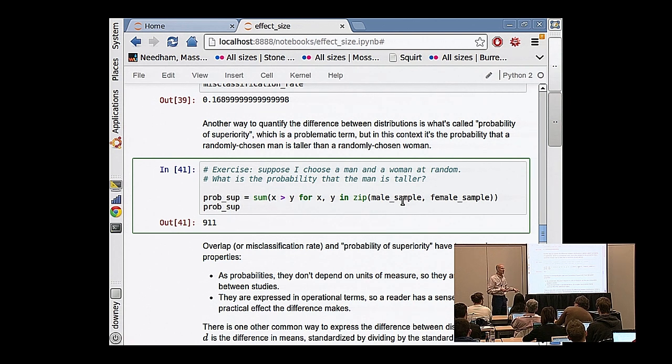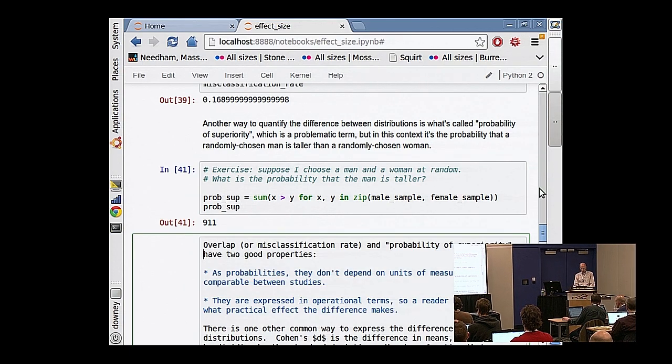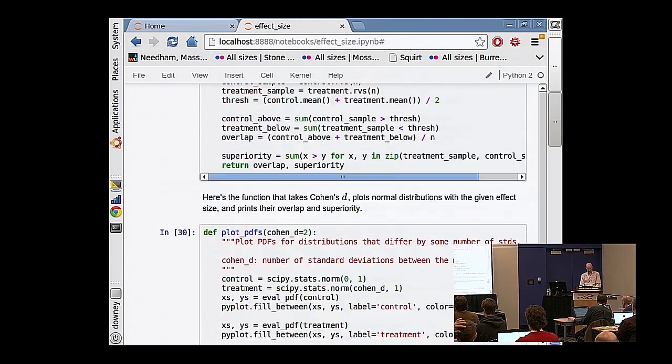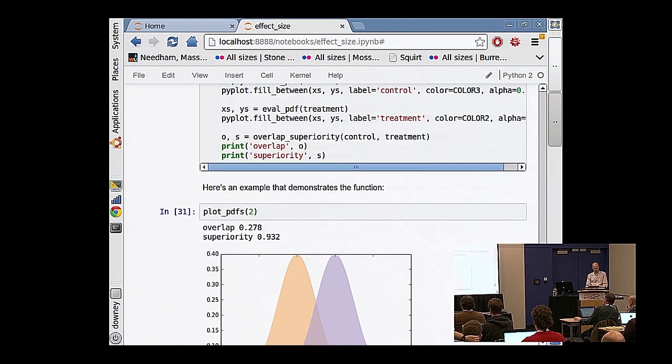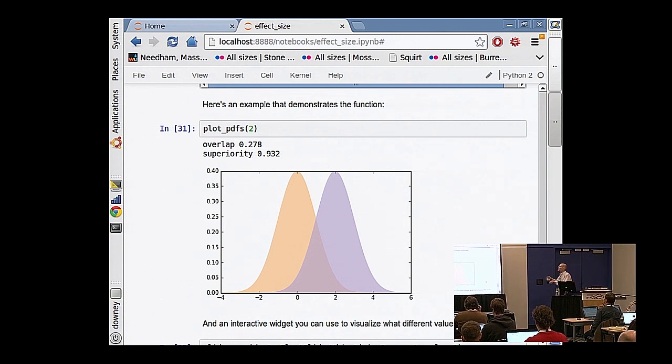I'll give you a couple minutes to read about that. And if you scroll down, you will see an interactive. So here's a static view of the two distributions. In this case, this plot PDF takes as a parameter Cohen's d, which is there are two standard deviations between the means, and that's what that looks like graphically.